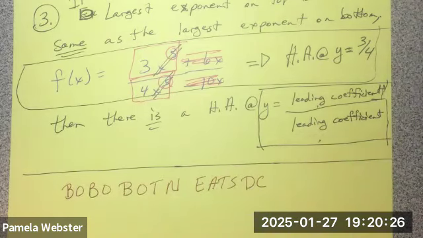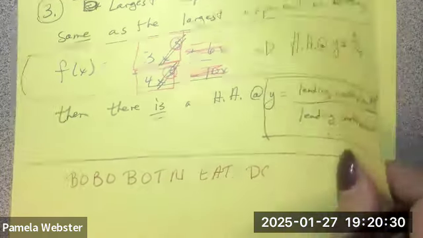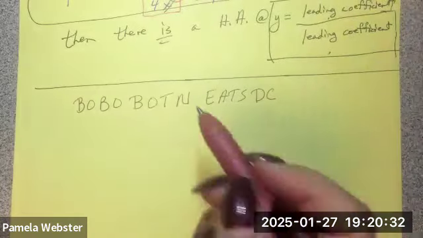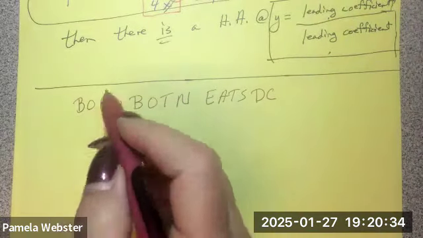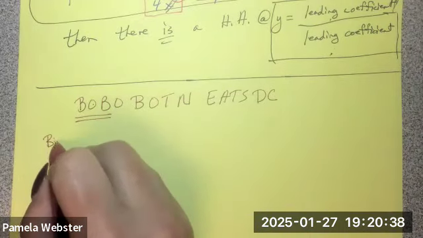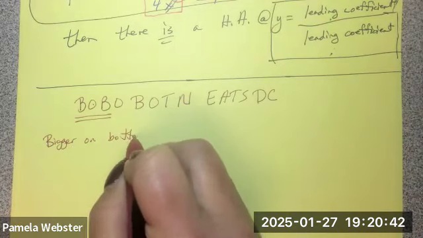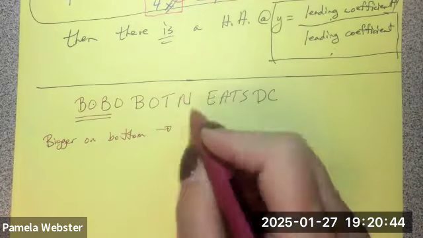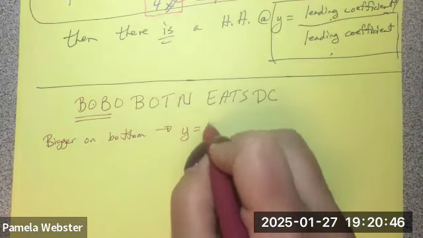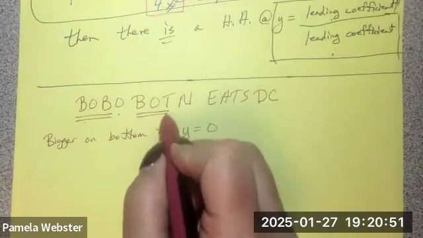Right? Okay, that's the little saying. You can look it up if you want to. I never quite remember, but I will look at it. I'm pretty sure this is it. Bigger on bottom. This is what we taught when I was in high school. Y equals 0. That's what the 0 is about, right? Bigger on bottom. What do you think this one stands for?